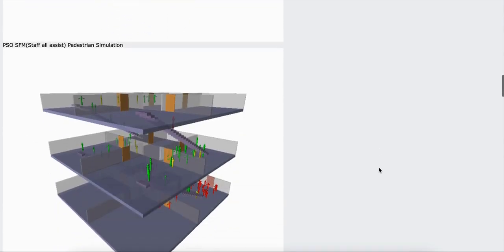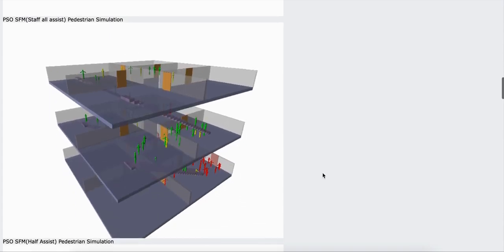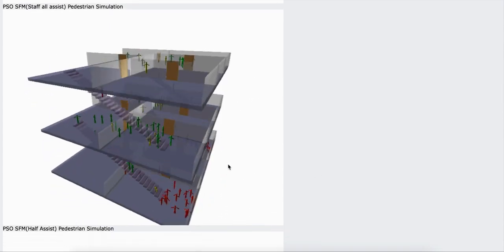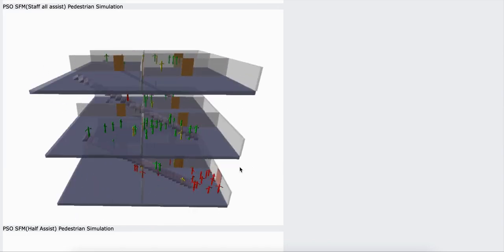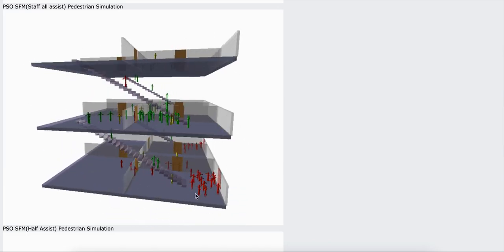Next, we'll talk about staff all assist. It's a very flexible policy where all the staff are trying to assist as many people as possible who are around them. But we can see a lot of panicking around doorways and exits because everyone's trying to bottleneck around that. So most bottleneck situations here cause panic.